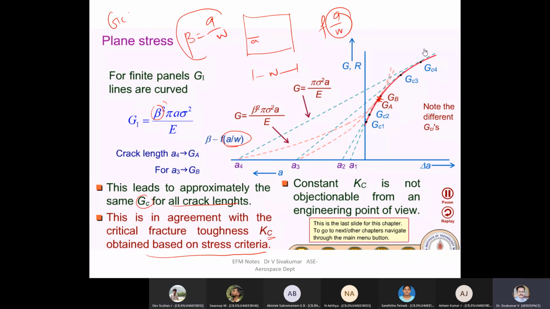With that, we will stop today and continue next lecture. We are jumping into the stress intensity factor approach. With this, we are concluding the energy approach. We have completed energy release rate, then COD, crack opening displacement.